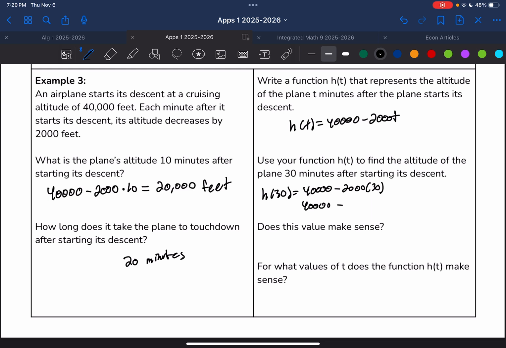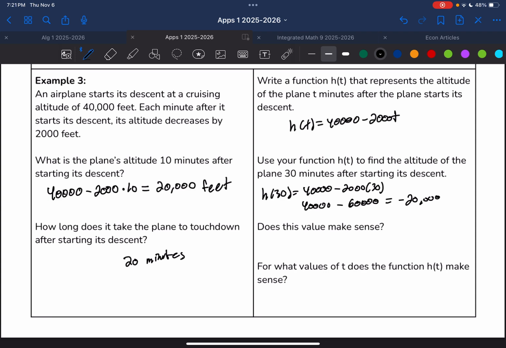That's 40,000 minus 60,000, which is negative 20,000, meaning that 30 minutes after the plane starts its descent, the plane has an altitude of negative 20,000 feet.